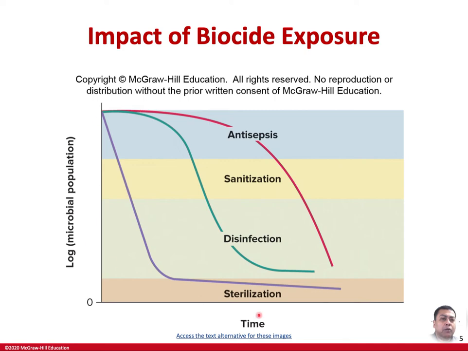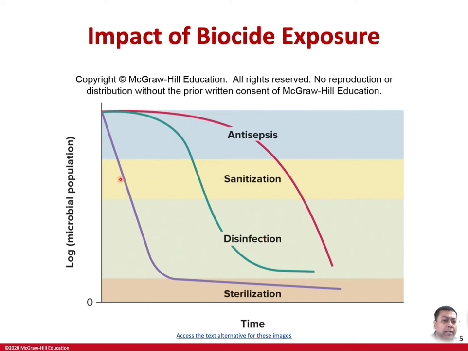So here we are looking at the impact of biocide exposure, and the shape of each curve reflects the various conditions that influence the biocide effectiveness. In each case, the eventual decline in viable microorganisms can occur as a staged decline of viability from antisepsis to sterilization.